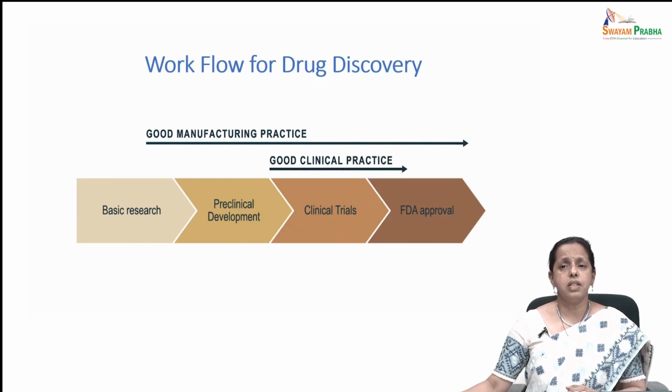So this represents the systematic representation of the drug discovery process, from basic research, taken care of by target identification, translated into the market through FDA approval. Good laboratory practices are completely required for this staging.